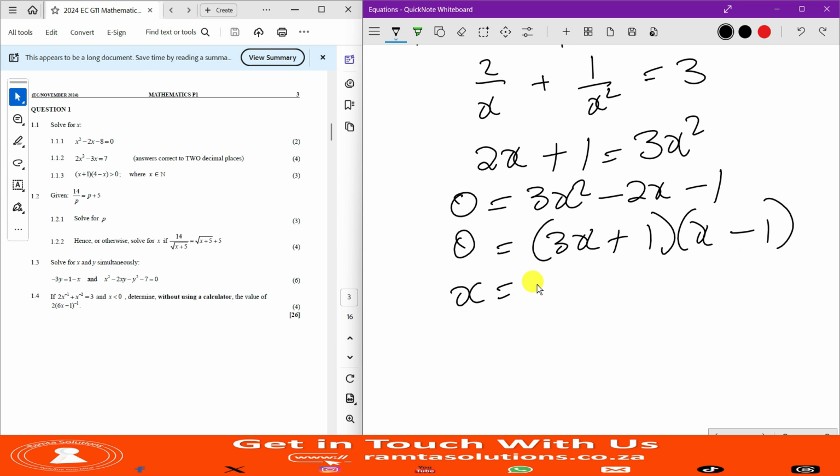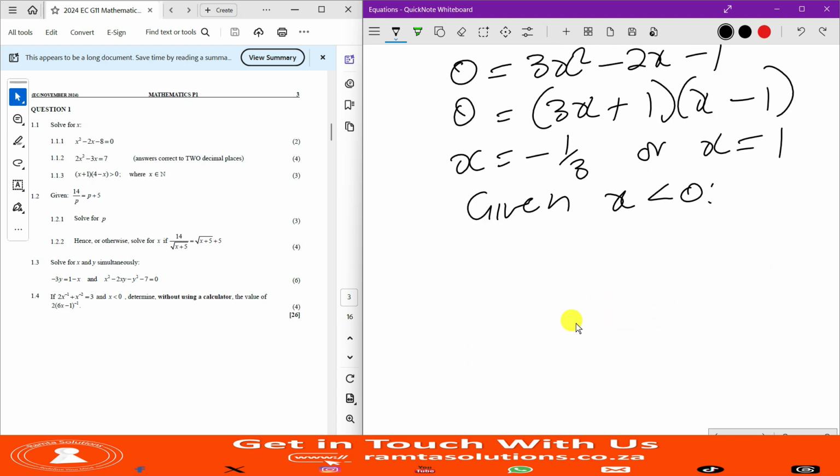Therefore, x equals negative 1 over 3, or x equals 1. So we are given that x is less than 0. Therefore x must be equal to negative 1 over 3.